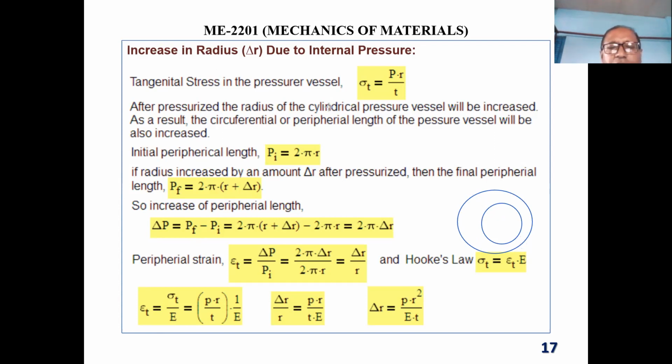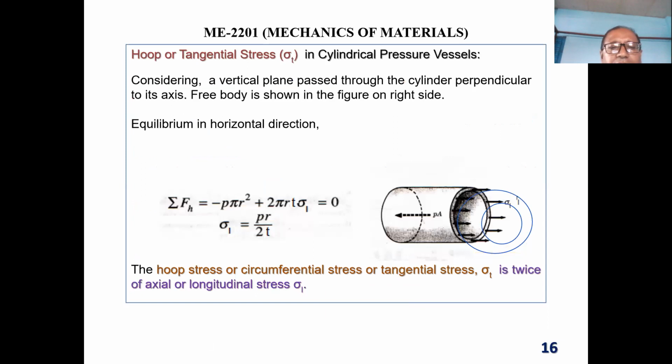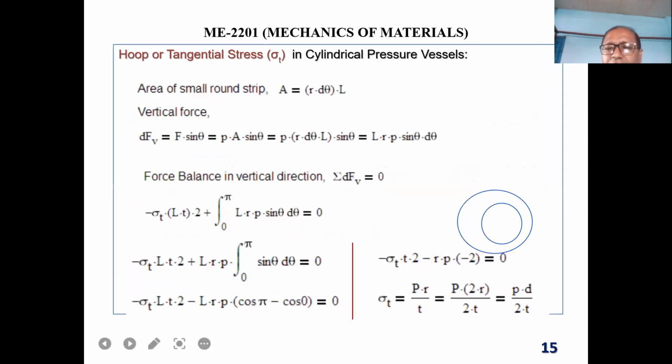If you look carefully, sigma T is the most critical one, right? That is what we put over here. So what do you see right over here?